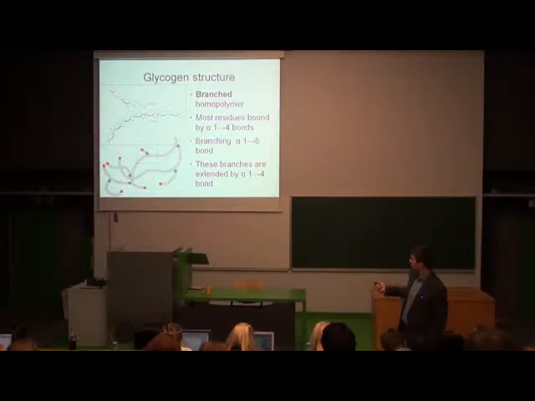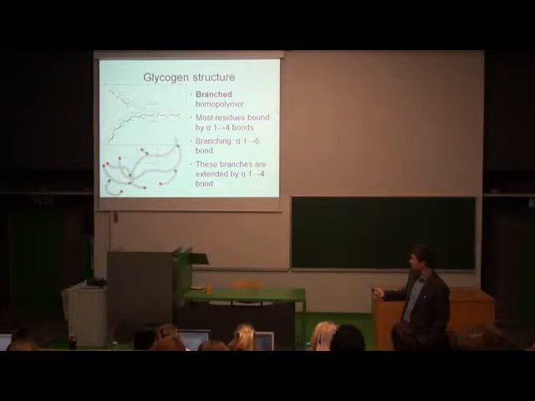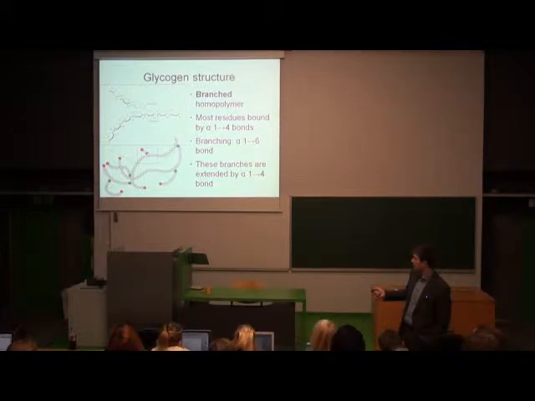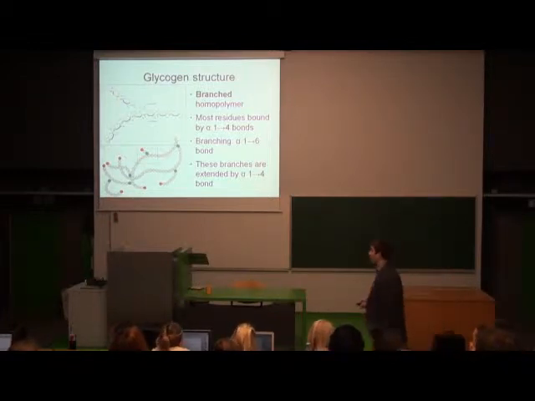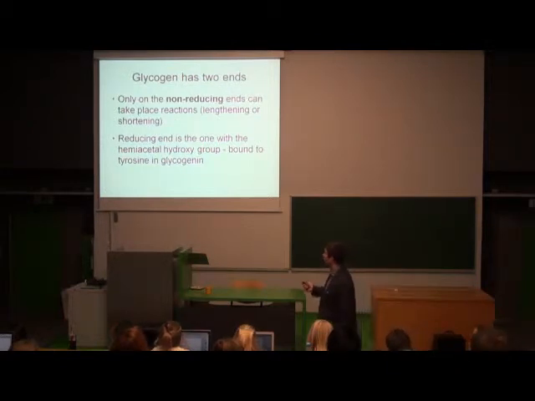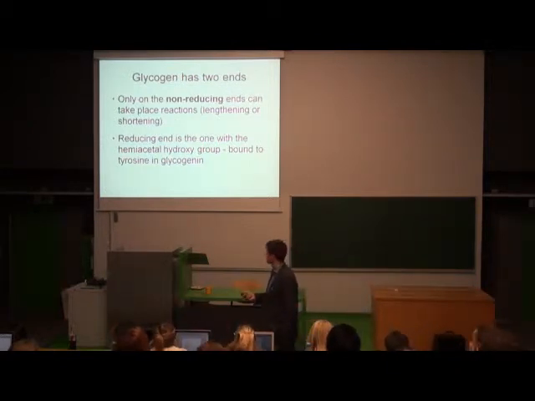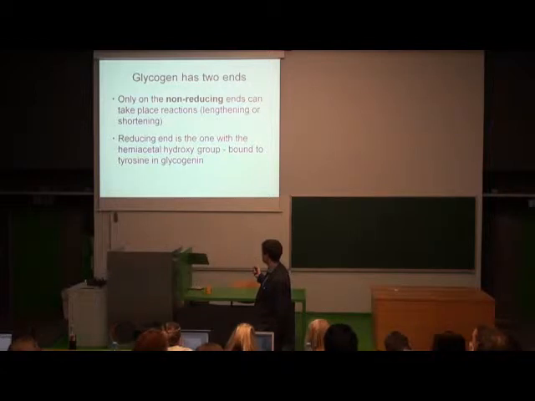This you have said correctly, so only from glucose, most residues are bound by alpha 1 to 4 bond. Here the branching is done by alpha 1 to 6 bond, and then in these branches also only 1 to 4 bond. In glycogen molecule you can find two ends, non-reducing ends and reducing end.